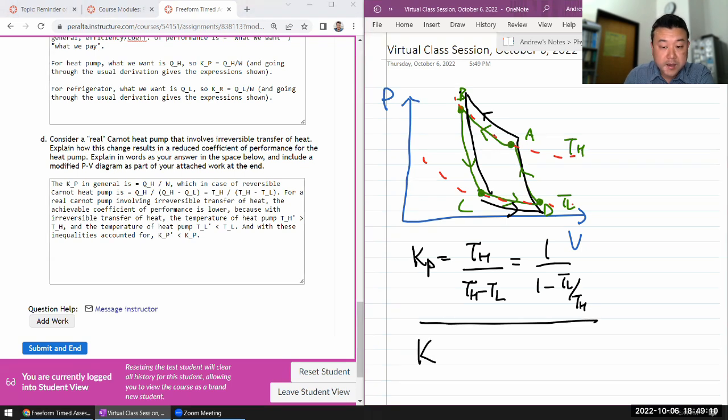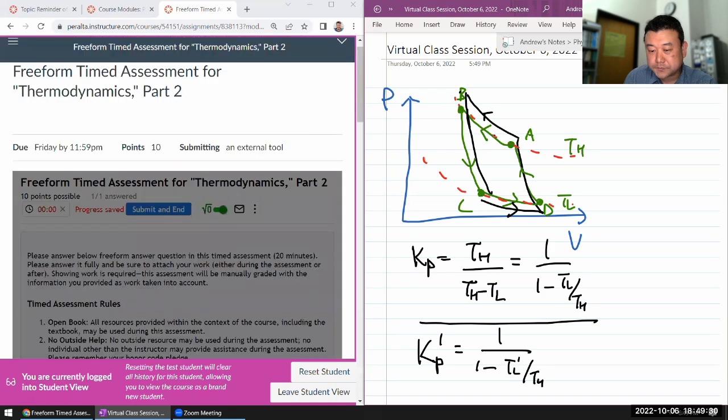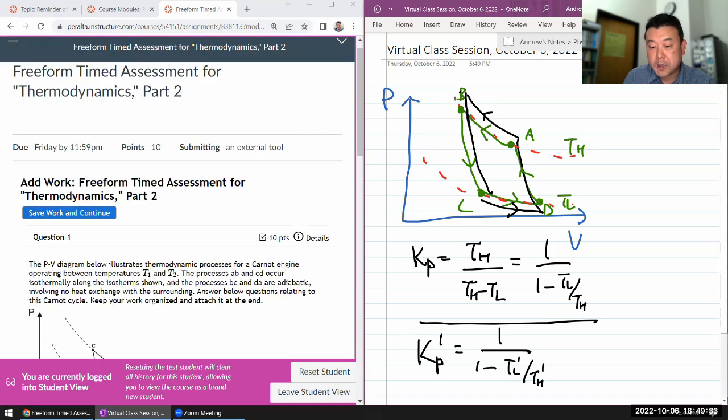So for the non-ideal Carnot heat pump, I can actually use the same expression more or less. What I have to change is what temperatures I use. Instead of my thermal reservoir temperatures, I have to use the heat engine temperatures or heat pump temperatures. So 1 minus TL prime over TH prime.